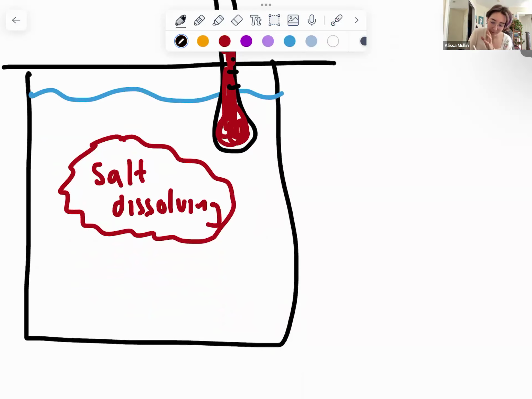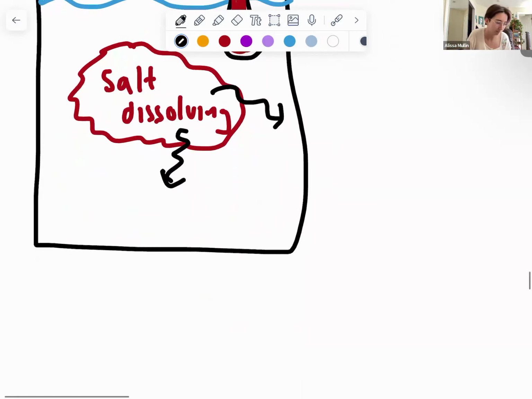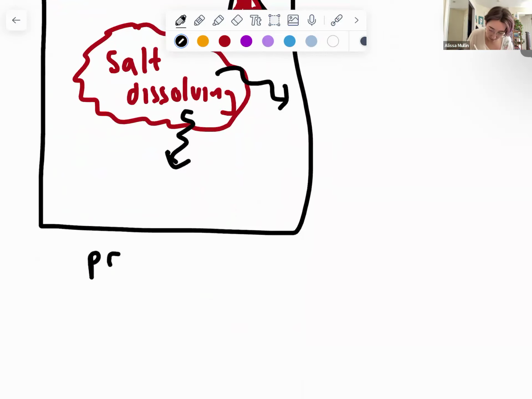So the reaction is releasing energy. The reaction is exothermic, which causes the water to heat up. I think this will make more sense why I'm banging on this once we look at the math. The process is exothermic.